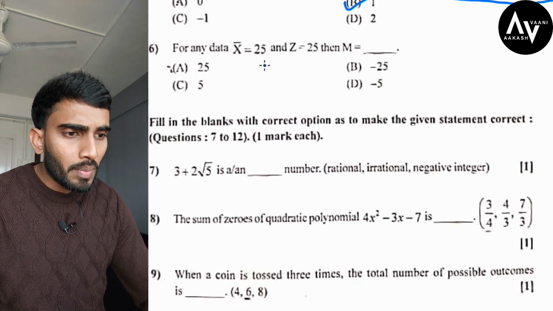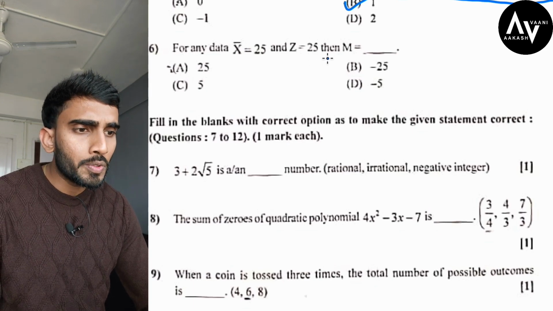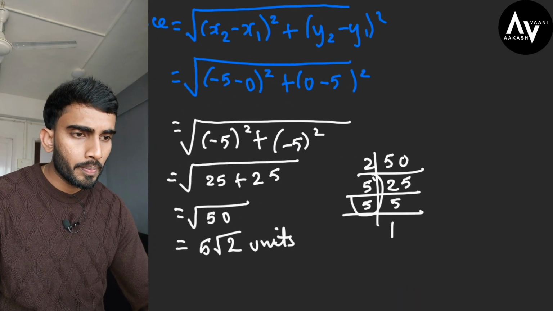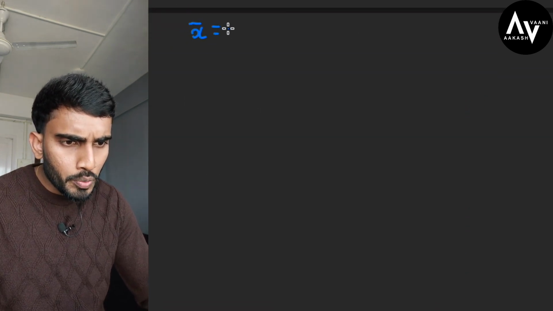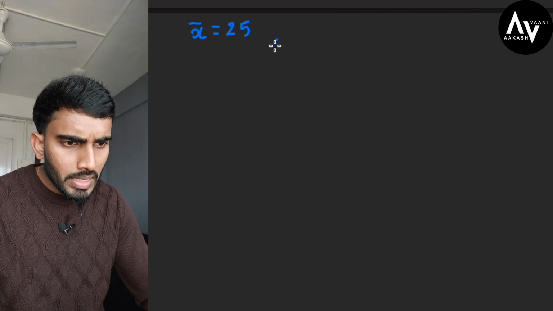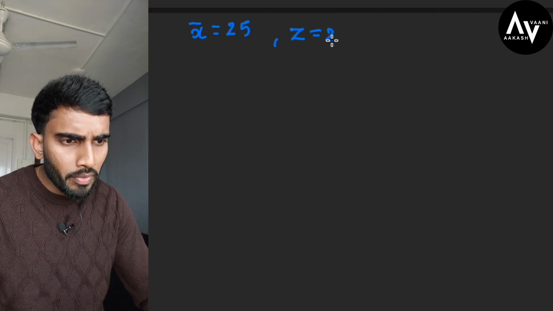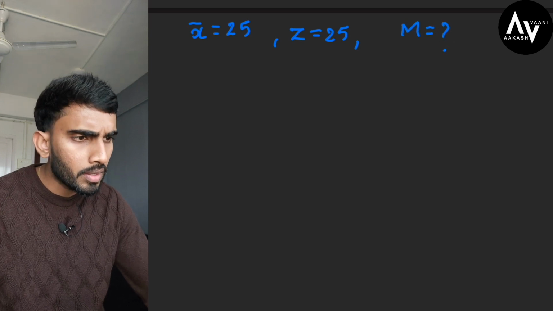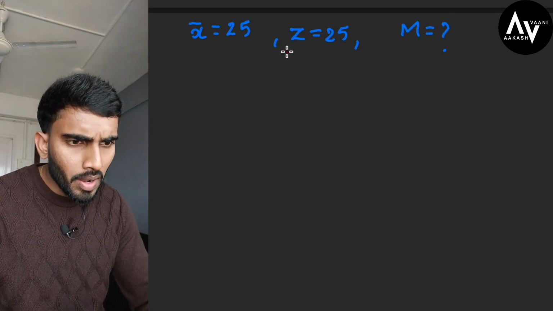For any data, x bar is equal to 25, z is equal to 25, then m is equal to what? We are given x bar is equal to 25, z is equal to 25, and we have to find the value of m. So what are x bar and z?